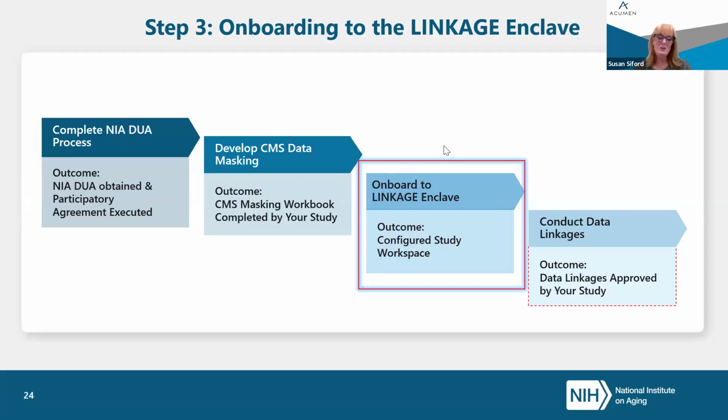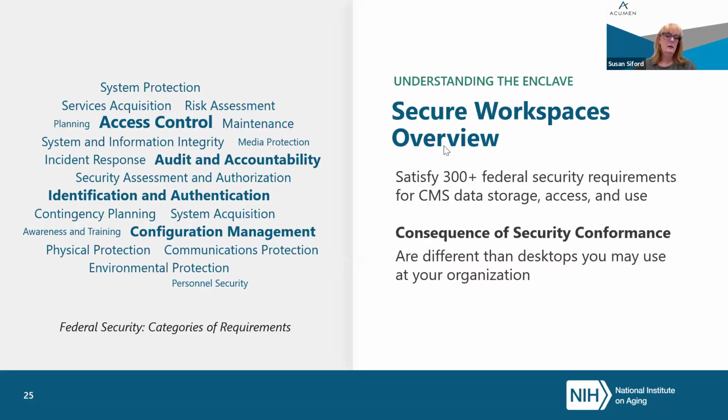The next onboarding step is the introduction to the linkage enclave. The linkage enclave is different from your typical remote access desktop in that it meets over 300 federal data security measures that are required to achieve a moderate level authority to operate. The linkage enclave currently operates under 2 authority to operate.